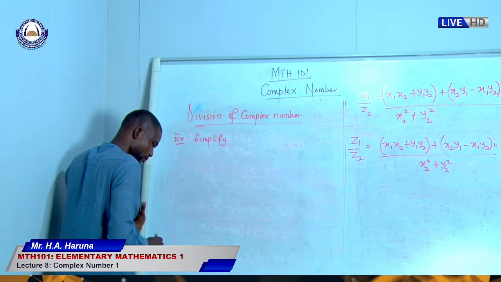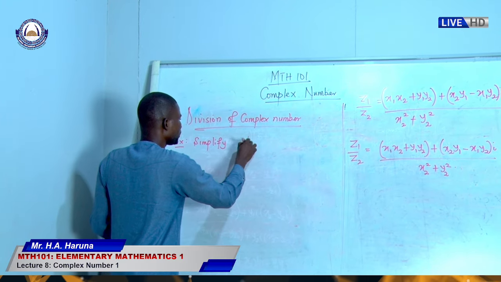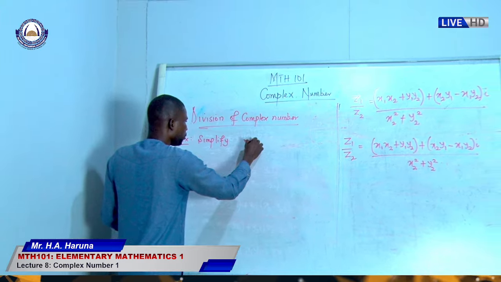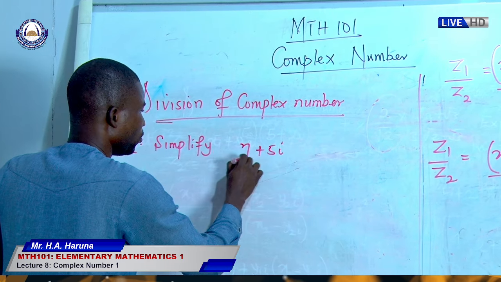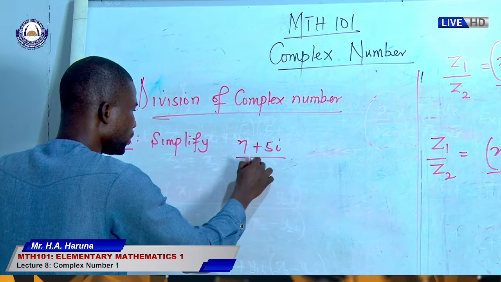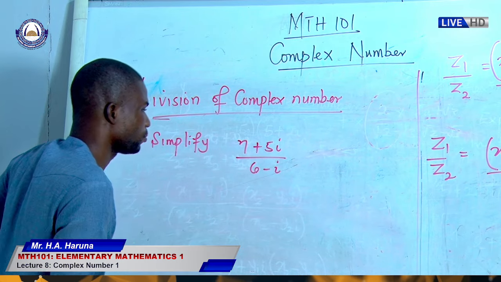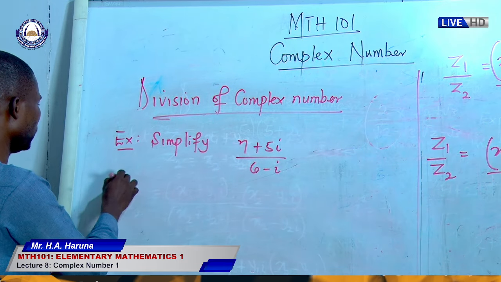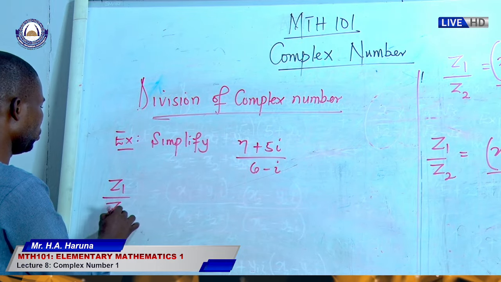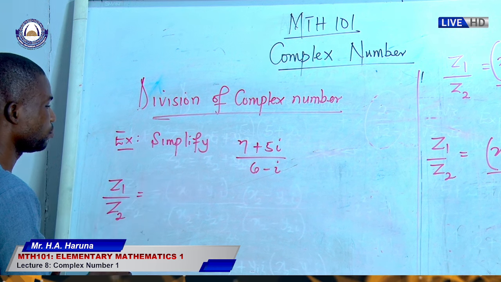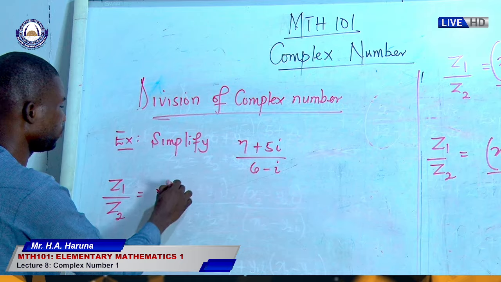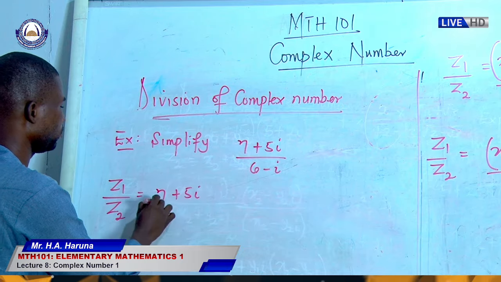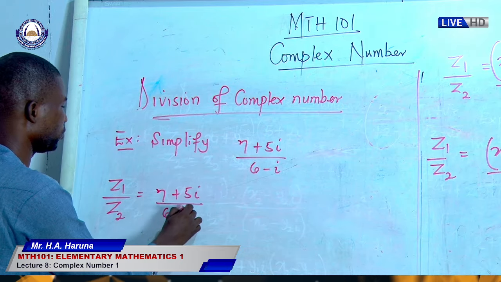Simplify 7 plus 5i over 6 minus i. Now this is your z1, z2. So say z1 divided by z2 equals 7 plus 5i over 6 minus i.